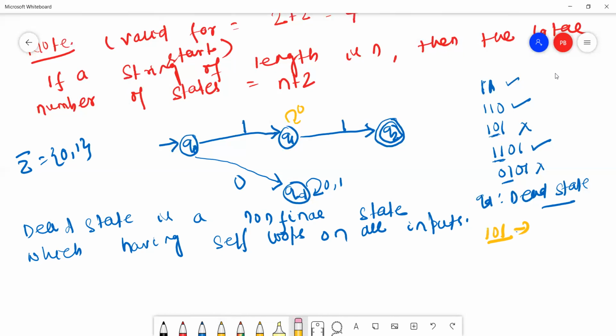So if 0 comes, that will also go to the dead state.